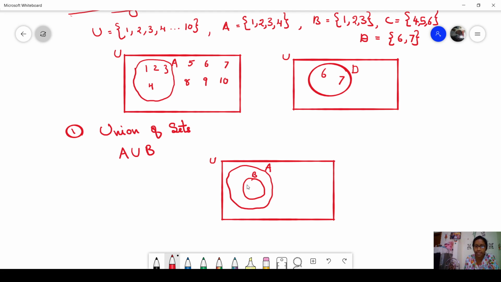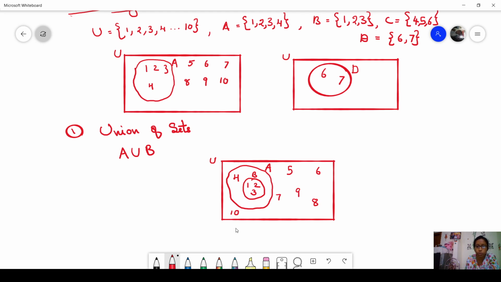So B is a proper subset. So 1, 2, 3 will come here. And what is the element remaining in A? 4. So that can be drawn like this. Now we need to color or shade union. So before that 1, 2, 3, 4 has been taken off. What is left out is 5, 6, 7, 8, 9, 10. So we can write like that.